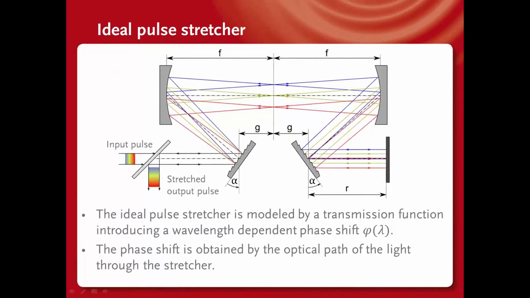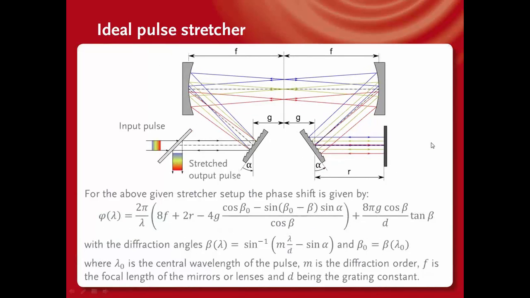The pulse stretcher has the following structure. It consists of two gratings and two mirrors, and as I mentioned, we just assume now this pulse stretcher setup by a transmission function, we will simulate it by an idealized transmission function. So that means that we will just introduce a phase shift which is obtained by the analysis of the optical path length for the different frequencies traveling through the pulse stretcher, and you can give an analytical equation for this, and it looks in the following way.